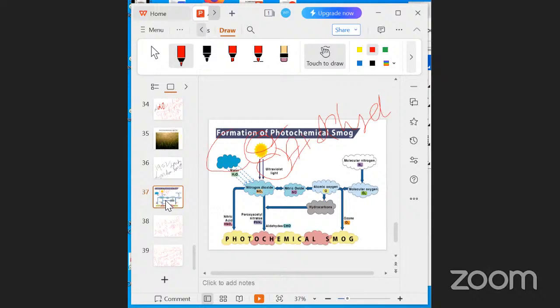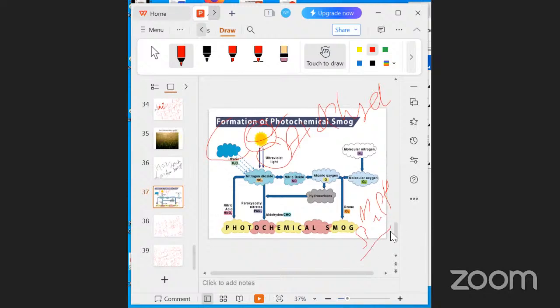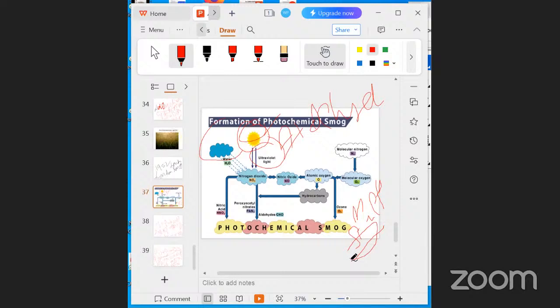Other effects are that it corrodes metals, stones, and painted surfaces. It can also cause a reduction in the tensile strength of textiles and fading of dyed fibers.